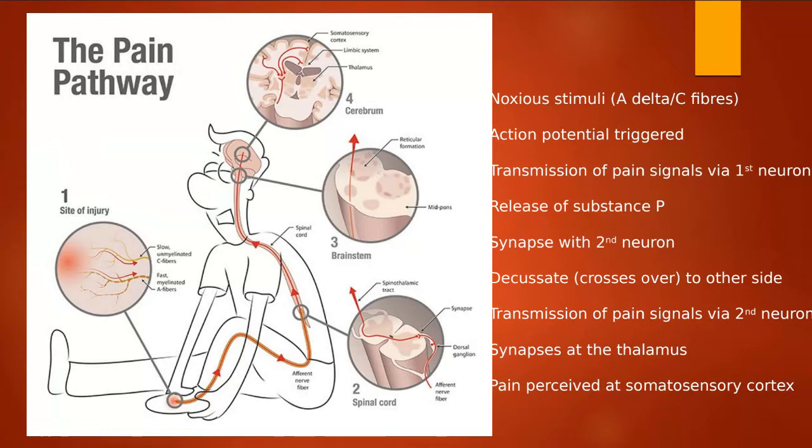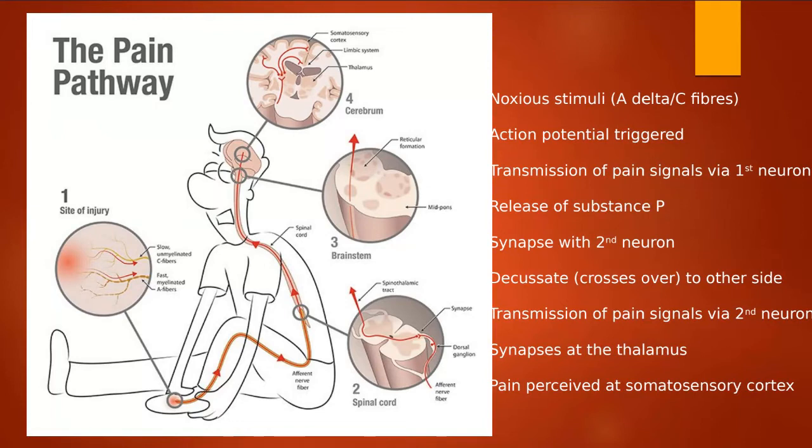And so the first neuron communicates with the second neuron, basically it synapses, and decussates, meaning crossing over to the other side. And then at this point, the second neuron is transmitting the pain signal up to the thalamus.